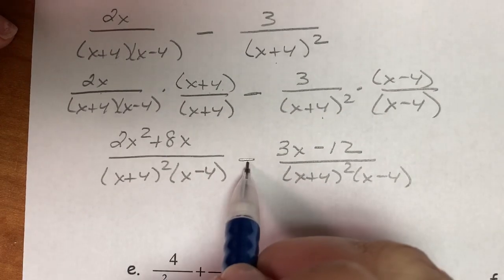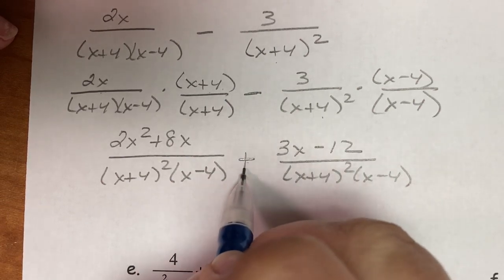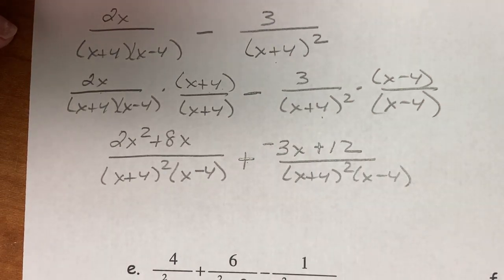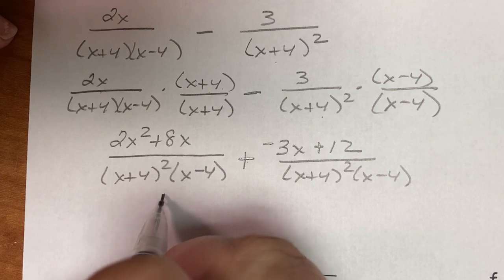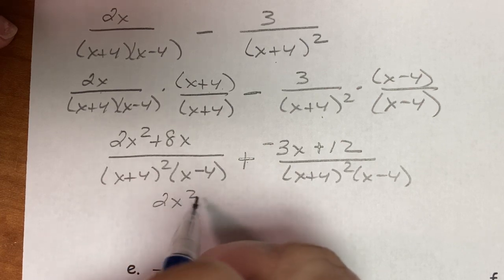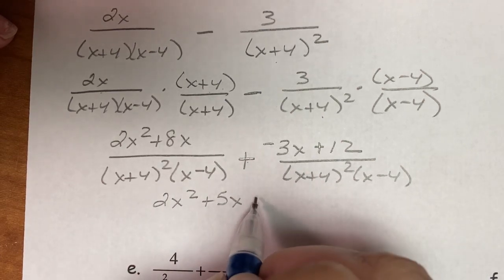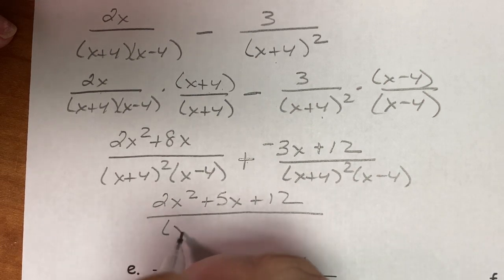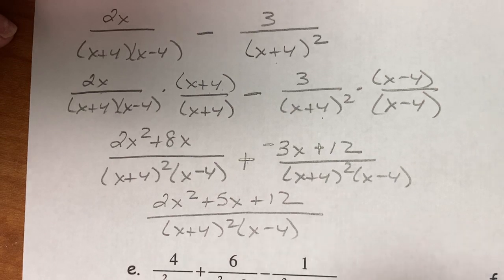Now again, since it's subtraction, you're going to have to distribute through the negative 1, so this turns to addition, and then it's minus 3x and plus 12. So if I go ahead and combine the numerators, I'm going to get 2x squared plus 5x, I just combine these, and then plus 12 over x plus 4 squared times x minus 4.